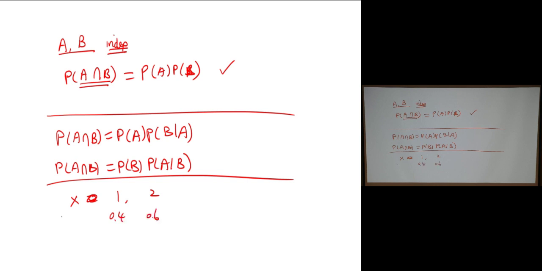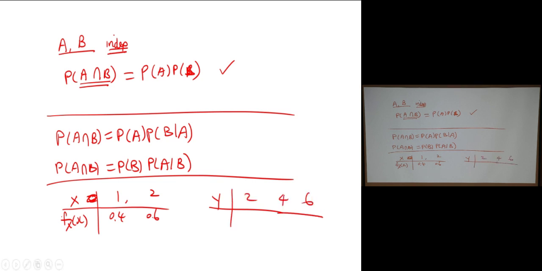So this is a random variable, and this is the distribution of X. And then Y takes the values 2, 4, 6, and the probability is 1/3, 1/3, and 1/3.